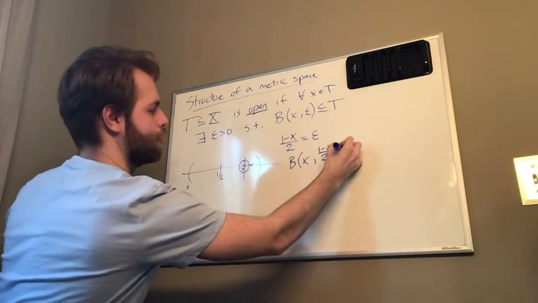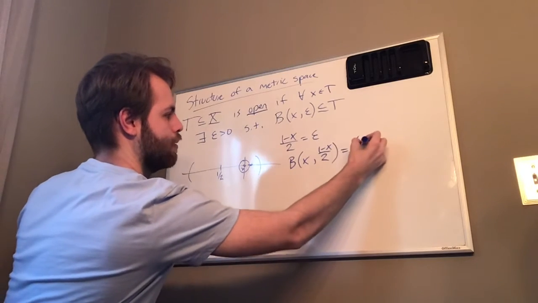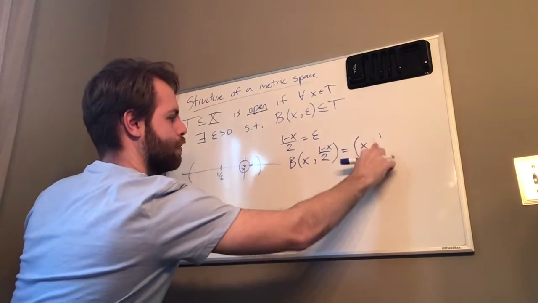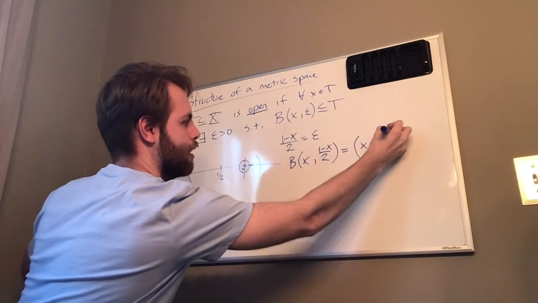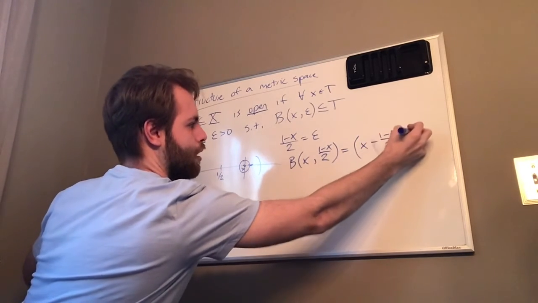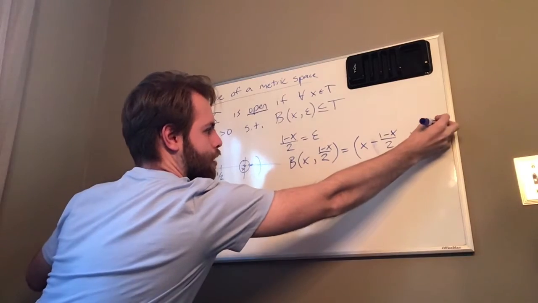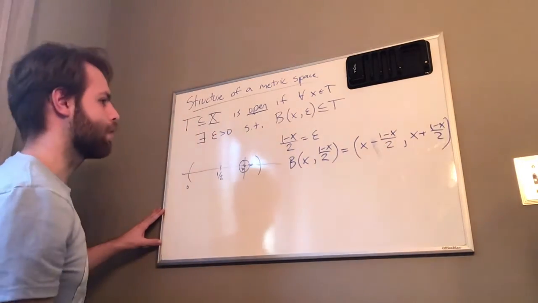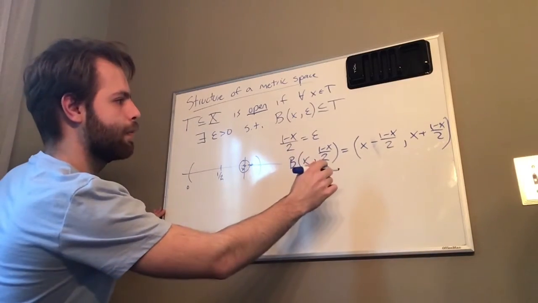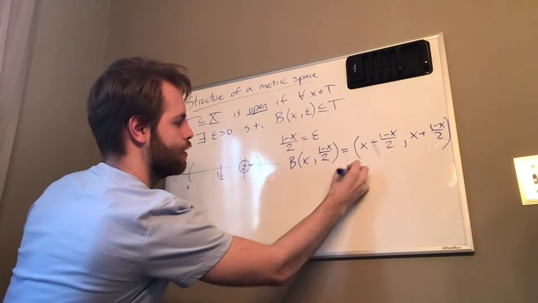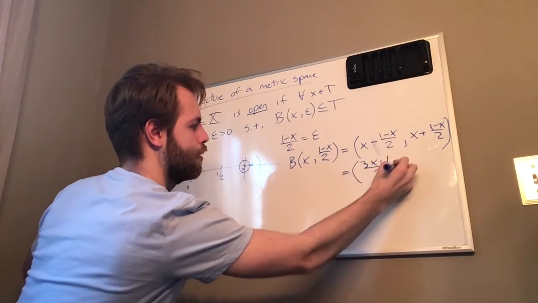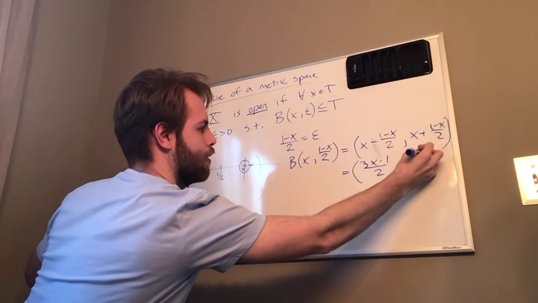And that's just equal to the interval x minus 1 minus x over 2, x plus 1 minus x over 2. And this simplifies. So I can say this is 3x minus 1 all over 2, x plus 1 all over 2.